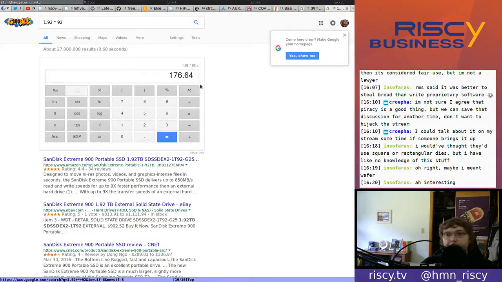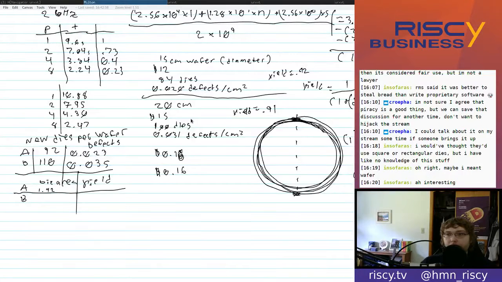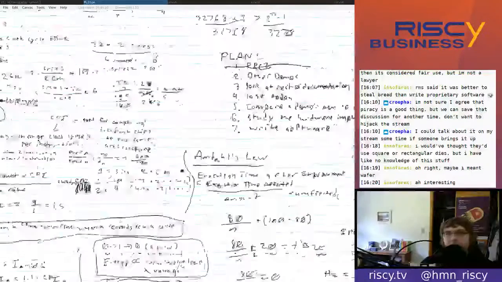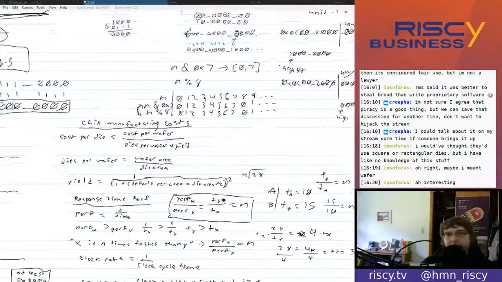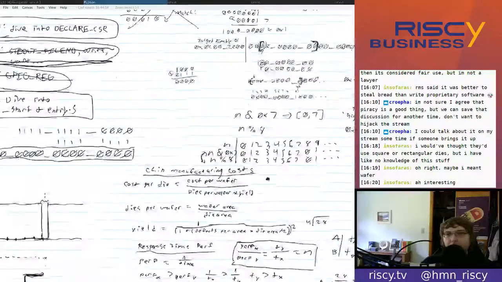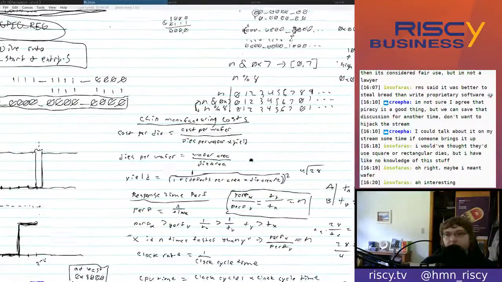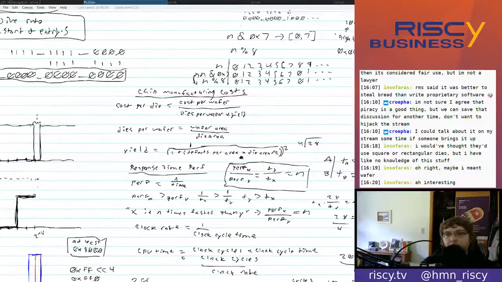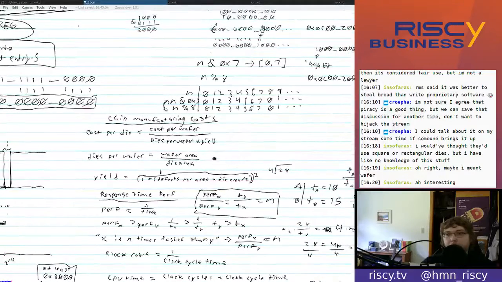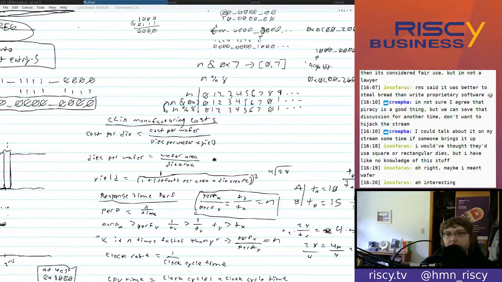Hmm. Yeah, I'm really confused about this because do we have a formula for giving us die area based on wafer diameter? Oh wait, we have dies per wafer, wafer area, die area here.